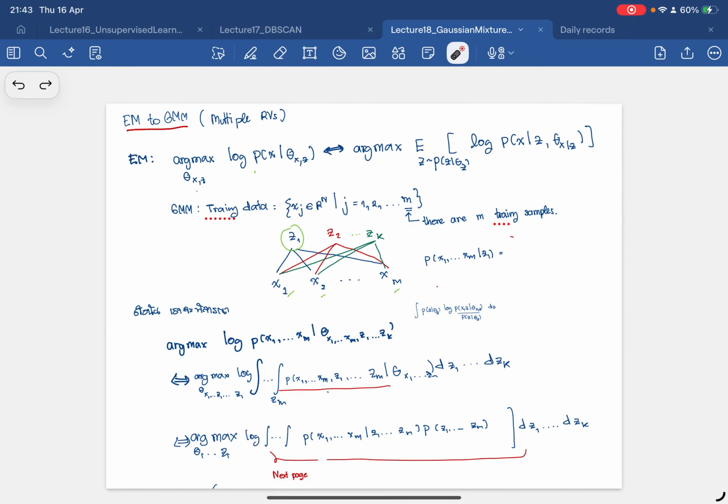And when we want to apply this expectation maximization to our Gaussian mixture model, the way that we do it is similar to what I've explained previously, except that this time the formulation will be much more complicated because you now have, let's say, M training samples that you want to cluster with K unknown clusters.